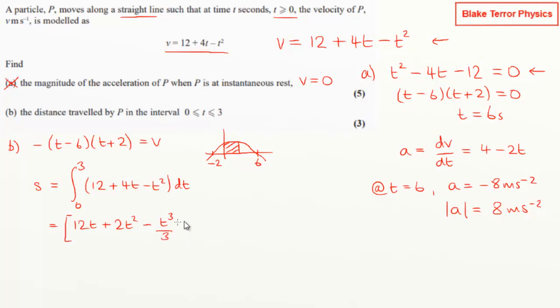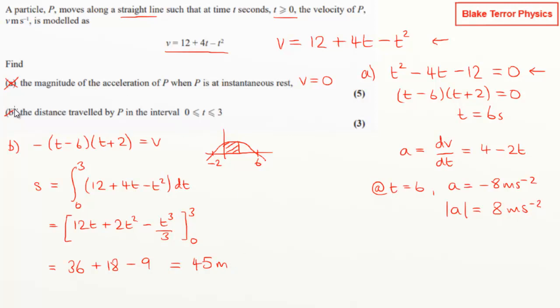And we need to calculate all of that between those times, 3 and 0. So the zeros will all be zeros because everything's got a t in it. So all we have to do is put the 3s in, and that will be enough. So we've got 36 for the first one, 2 times 9 for the second one, and then we've got 27 over 3 to take off at the end, which is going to give us 45 meters.